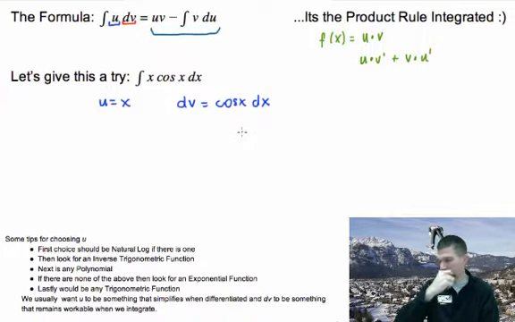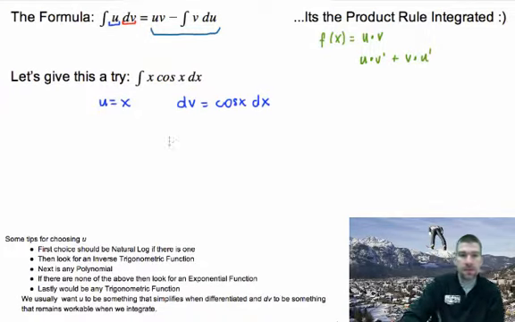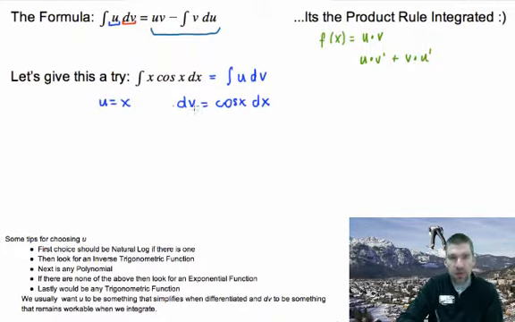And the reason that we're going to do this is that when I substitute these in, this integral becomes the integral of u dv. I'm picking these for a very specific reason, and we'll see later why.